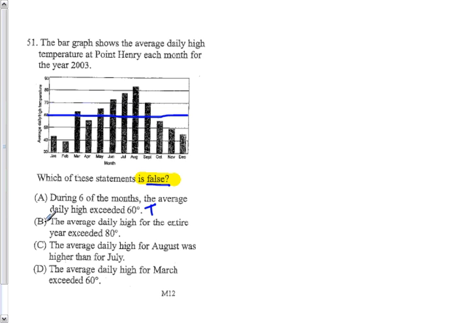So that's true. And we're looking for a false statement, remember. Okay. B, the average daily high for the entire year exceeded 80 degrees. Well, that means that we would somehow have to average out the entire year to be 80 degrees. So we'll draw a line where 80 degrees is. So that means by averaging it, and it needs to exceed 80 degrees, we'd have some months that would have to be markedly higher than 80 degrees to balance out months that are markedly lower than 80 degrees, or a lot higher and a lot lower.